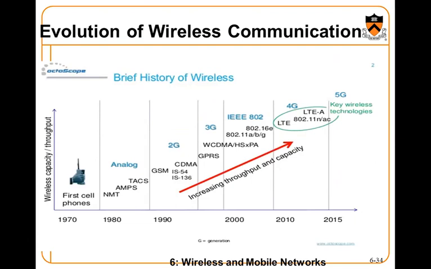Here you can see in this diagram the evolution of wireless communication. If we have a look, on the x-axis we have years, and on the y-axis we have the wireless capacity and throughput of these networks. It started back in the 1970s. Then we moved to analog communication, then 2G with CDMA and GSM technology, then 3G with WCDMA and GPRS, and next 3.5G and 4G with LTE technology, and then onward 5G.